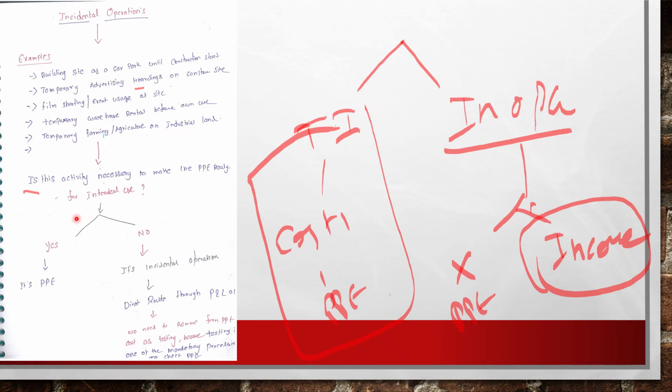It should be a necessary condition for the intended purpose. If that activity is required, if you satisfy this condition, it should be PPE. You can add this cost to the PPE cost, your overall construction cost. But if it is an incidental operation, route it directly through the P&L account. No need to remove it from the PPE cost as testing, because testing is a necessary operation. Testing is one of the mandatory procedures to check the PPE. I hope you understand this slide.